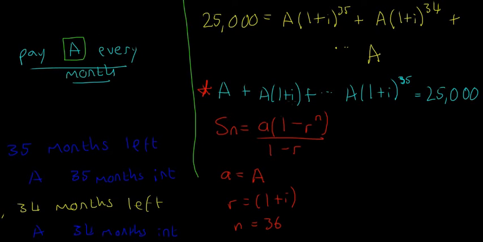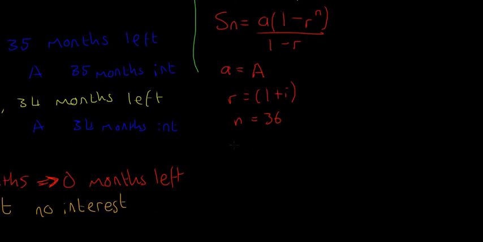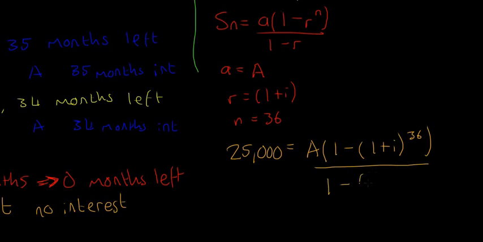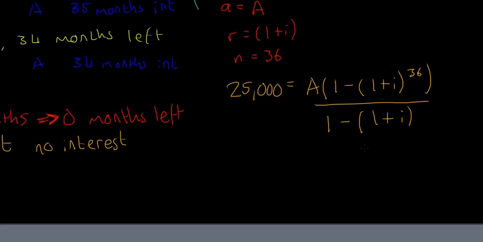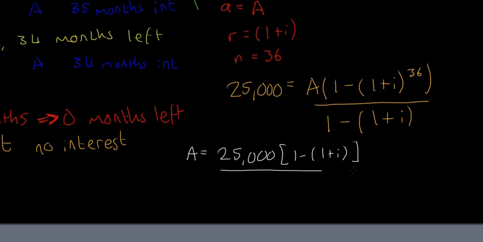So if we want to stick all of that into the formula, we're going to find that 25,000 is equal to A by 1 minus 1 plus I to the power of 36, all divided by 1 minus 1 plus I. And now that you have this, the only thing left to do is to rearrange it and solve for A. I'm not going to go through the whole rearranging, but what you're going to get is that A should be equal to 25,000 multiplied by 1 minus 1 plus I, all divided by 1 minus 1 plus I to the power of 36.